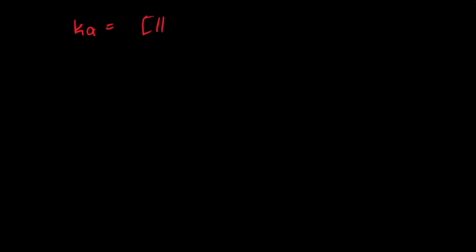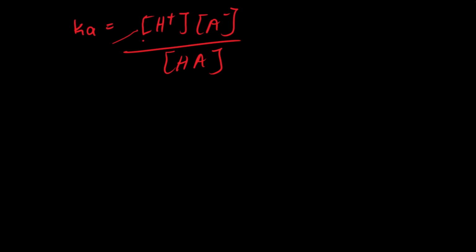So coming down here, we have Ka equals H plus concentration times A minus concentration divided by the acid concentration. Now we want to isolate the hydrogen ion concentration, because it's the hydrogen ion concentration that actually helps us to calculate pH.